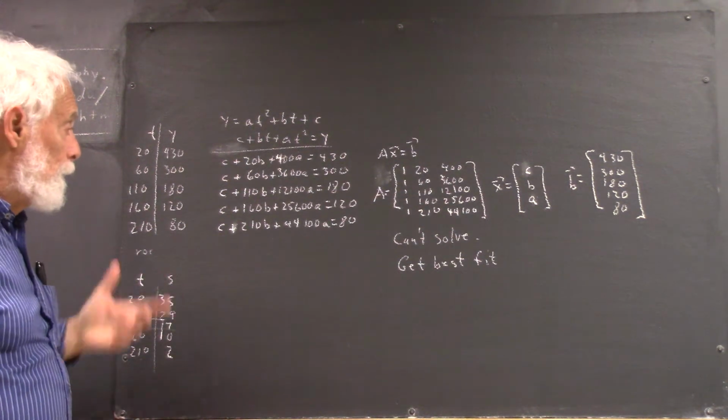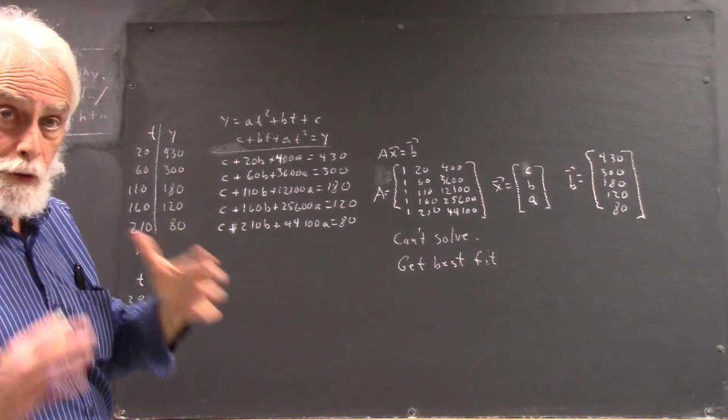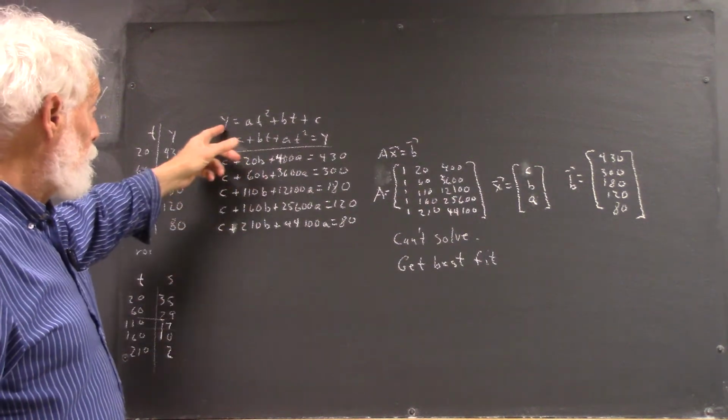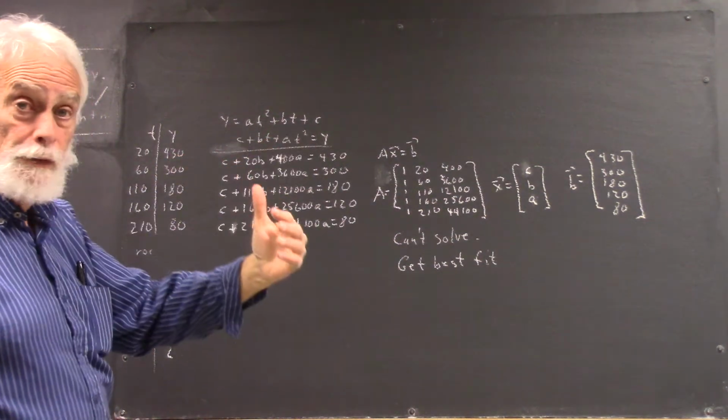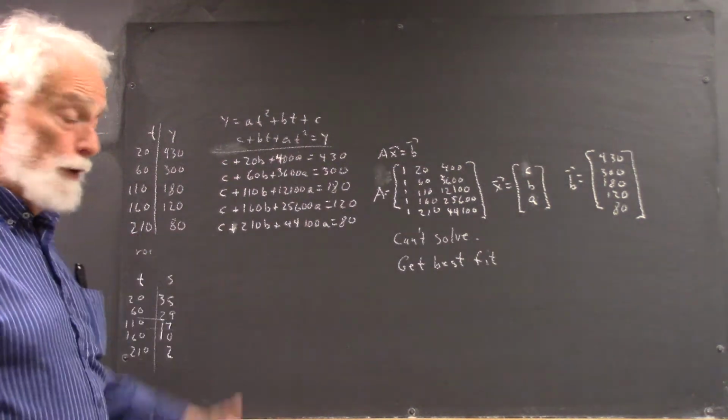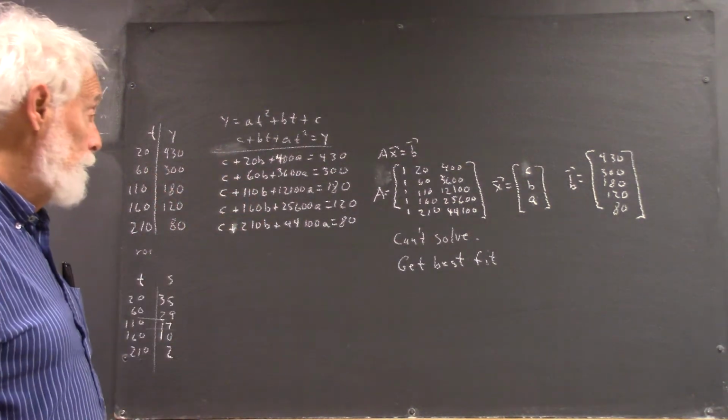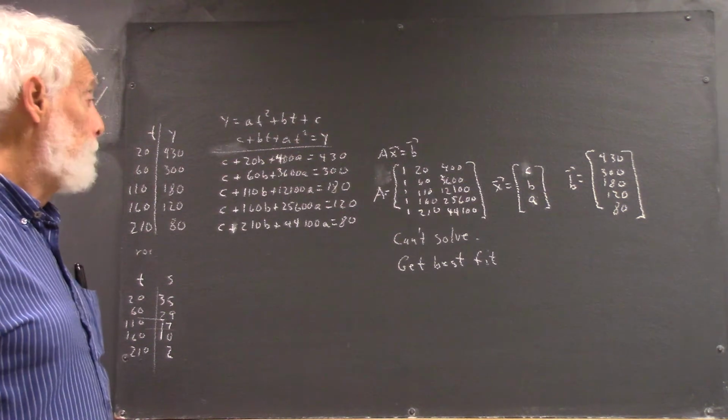There's no reason to expect that your data would be totally accurate, or even necessarily that your quadratic model would actually fit the situation. Although with the water coming out of the bottle, it fits extremely well.